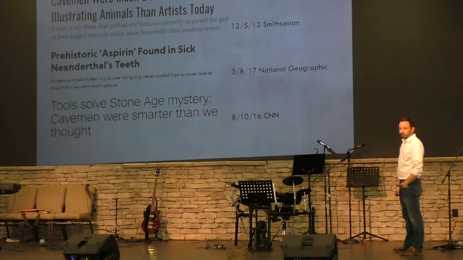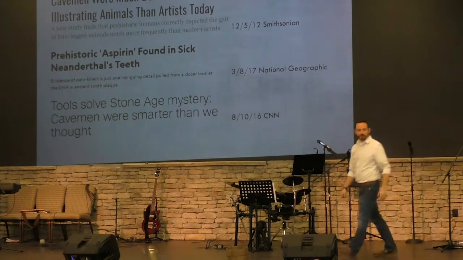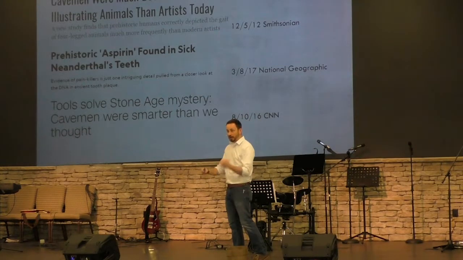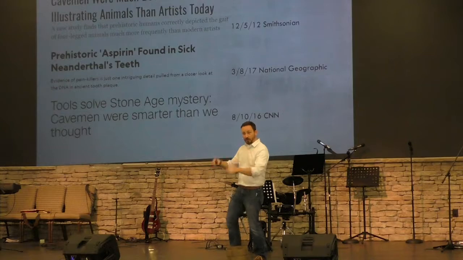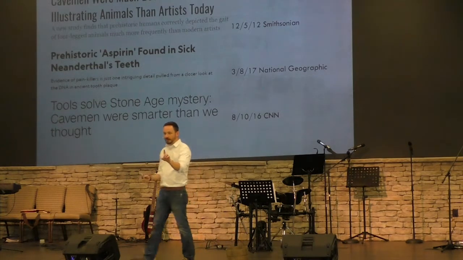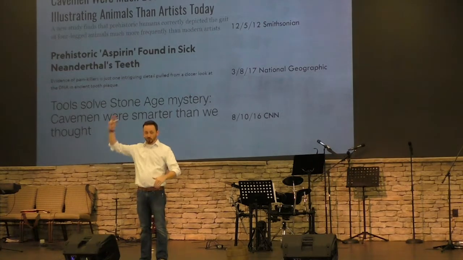Some recent scientific breakthroughs: cavemen were better at illustrating animals than artists today. I read that article, pretty interesting. When you look at cave paintings, they'll often show like a hunting party going after a critter and the critter is on the run. The very first movie ever made, the guy who invented the motion picture camera did it to win a bet.